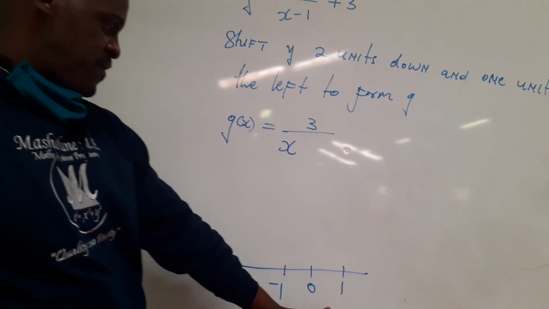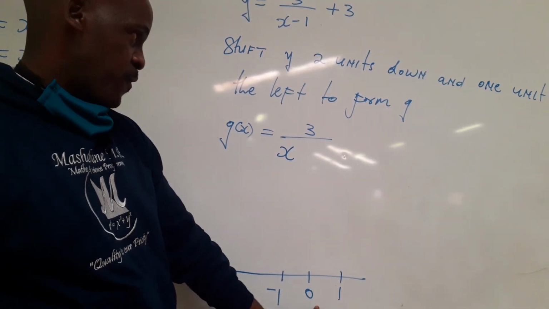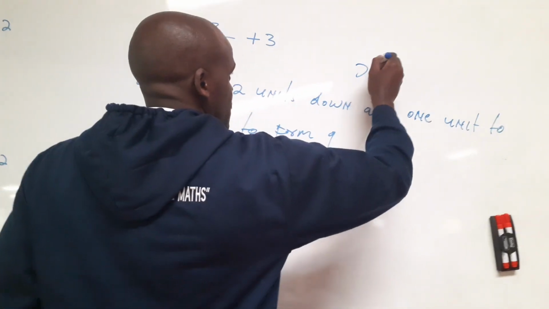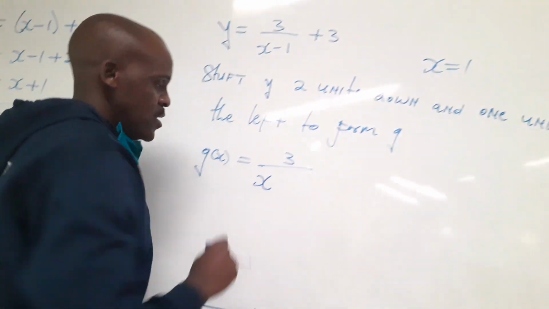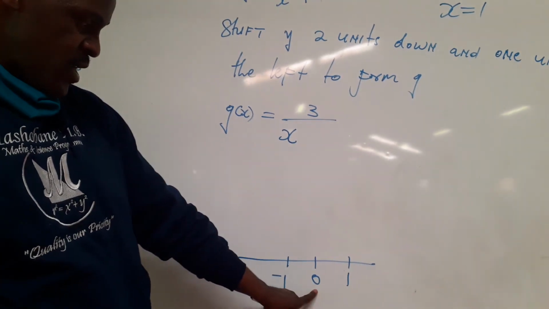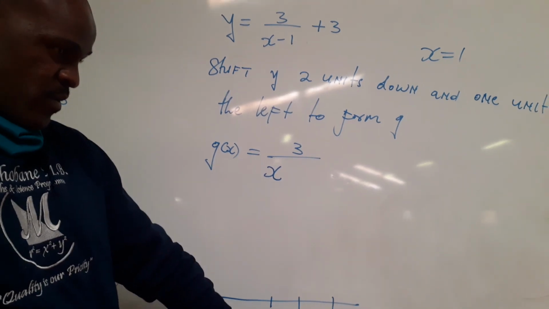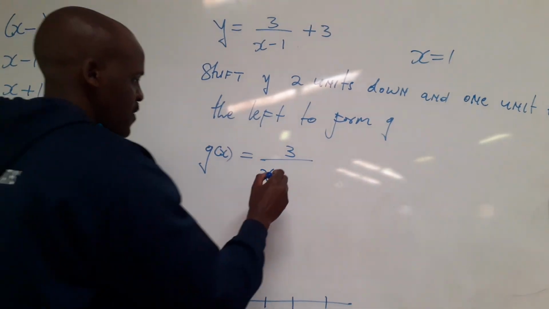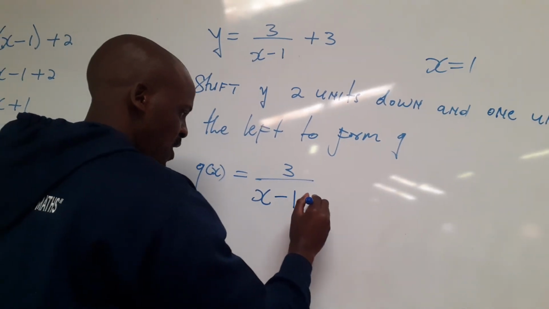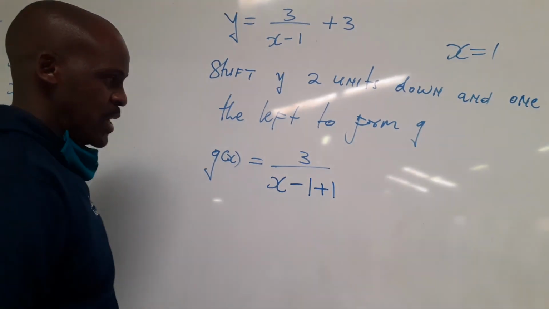If you are to shift 1 unit to the left from positive 1, because here x is equal to 1, you are shifting from positive 1 unit to the left, it will be 0. Therefore, this means that it's x minus 1 to have 0, it's plus 1.